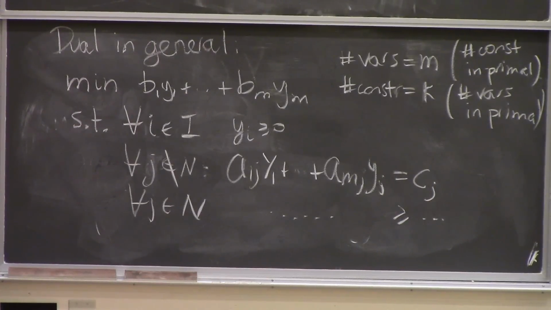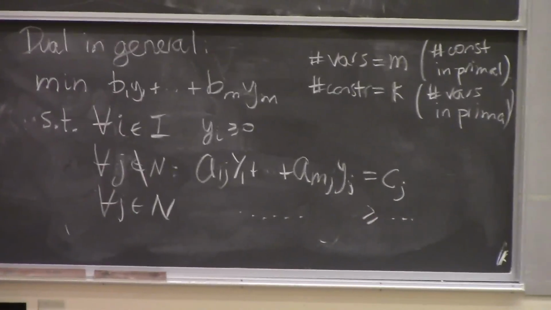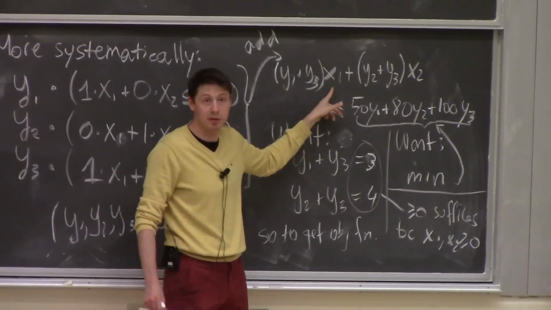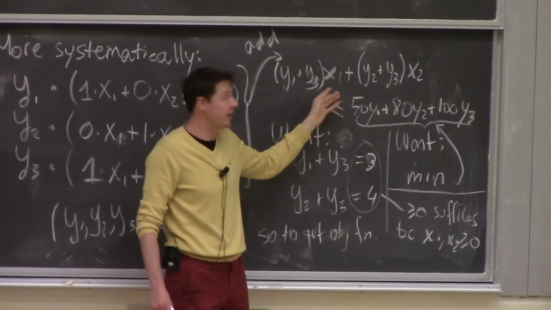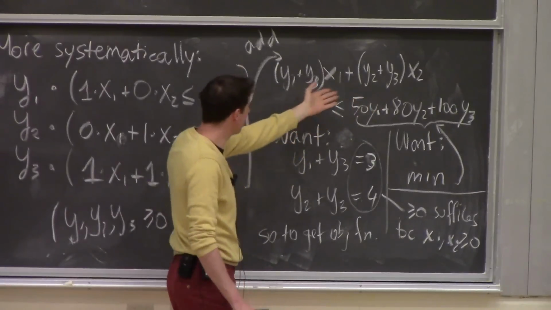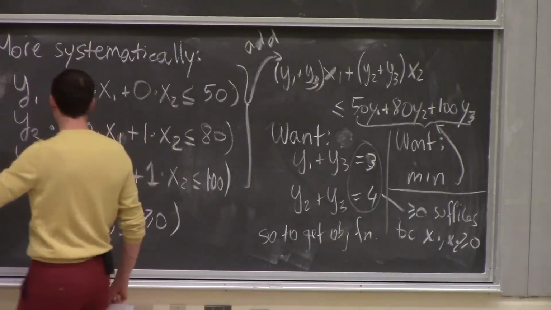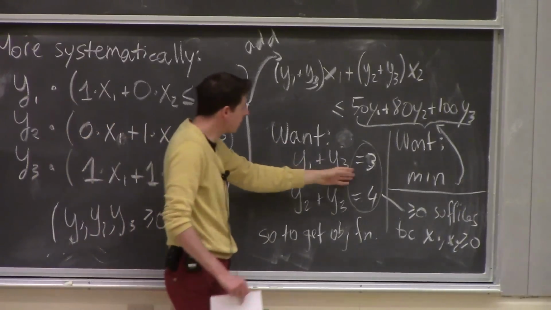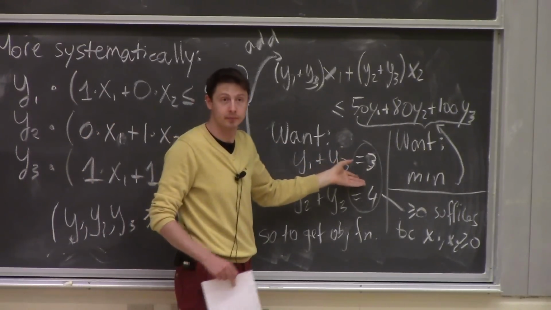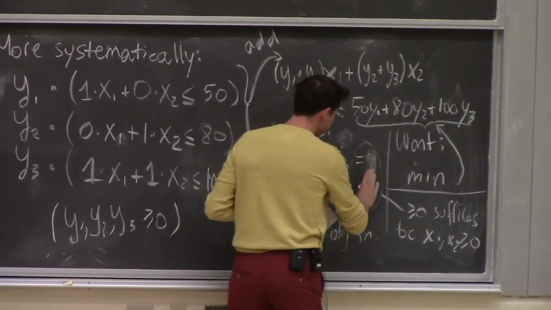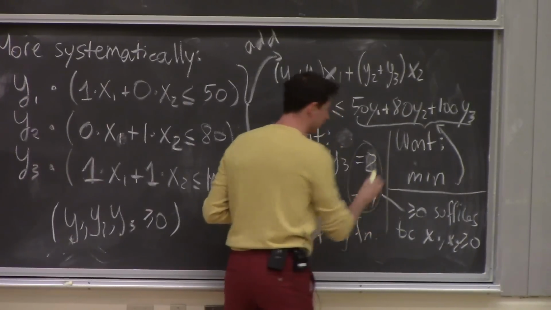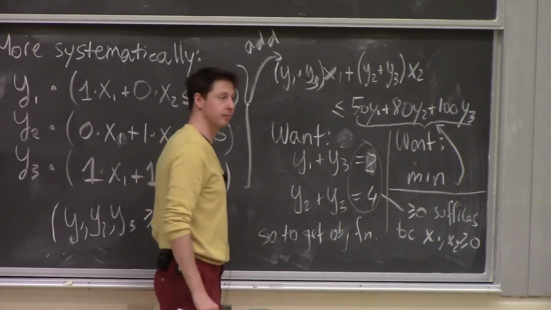So whether I allow this combination to be greater than 2 rather than exactly 2 depends on the sign of the corresponding variable it multiplies. In this particular example, both x1 and x2 were non-negative anyway, so that's why we could say that either of them could be bigger. In the general case, you need to pay attention to that. Does that make sense? Yes?